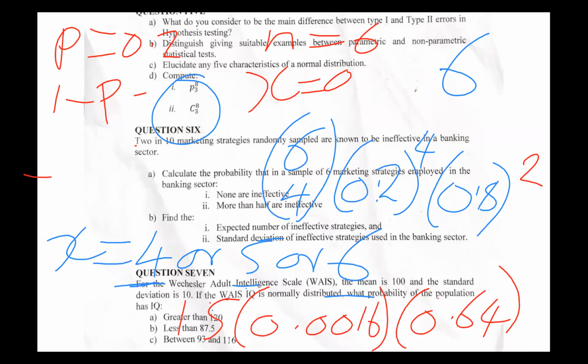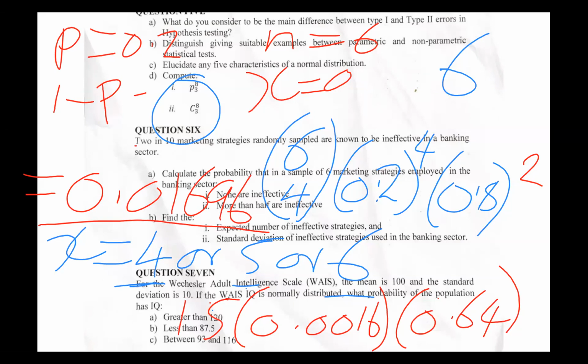What do you get as a probability? I got 0.01536. 0.01696. Yes, my colleagues are correct. 0.01696.